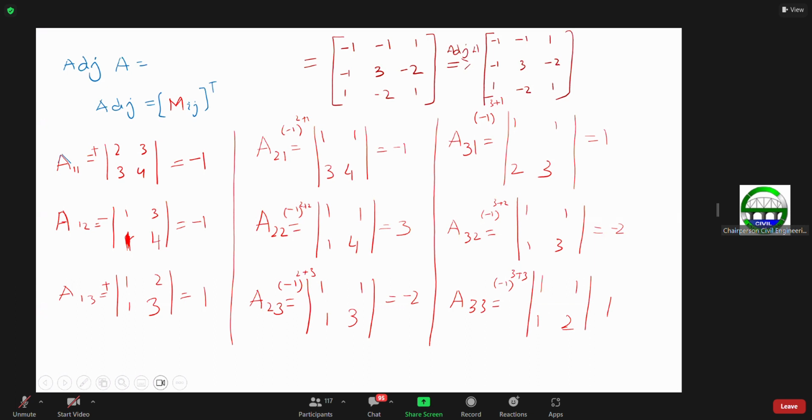So if we have the adjoint of A, then how will we find the A inverse?